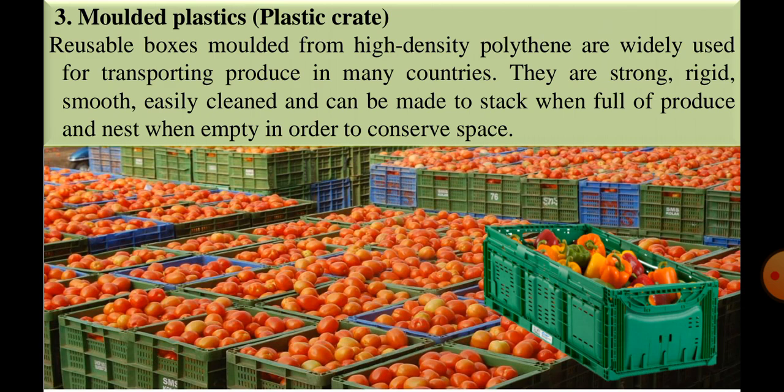They are strong, rigid, smooth, easily cleaned, and can be made to stack when full of produce and nest when empty in order to conserve space. Despite their cost, however, their capacity for reuse can make them an economic investment.